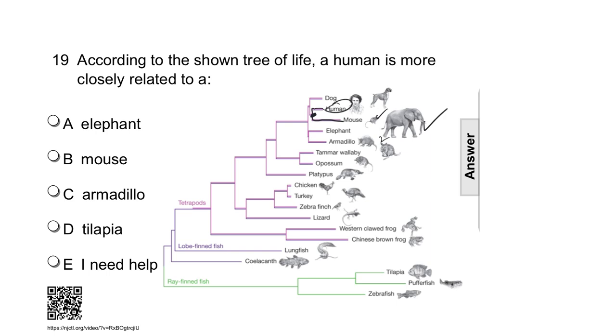It would be the mouse. All the other ones are further to the left, further from the common ancestor to all, which they didn't show right here. The common ancestor to all animals, actually vertebrates.